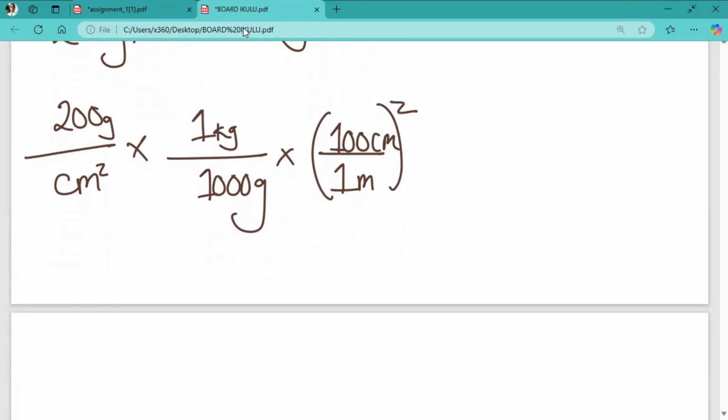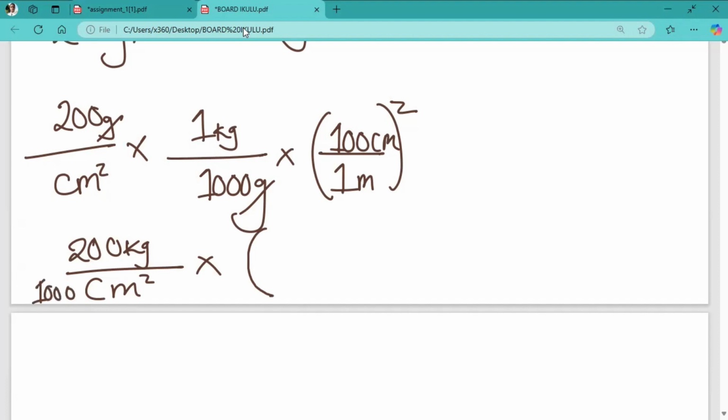So the gram and that gram will go. We're going to have 200 kg over square centimeters multiplied by, let me say 1000 here, let's multiply in advance.